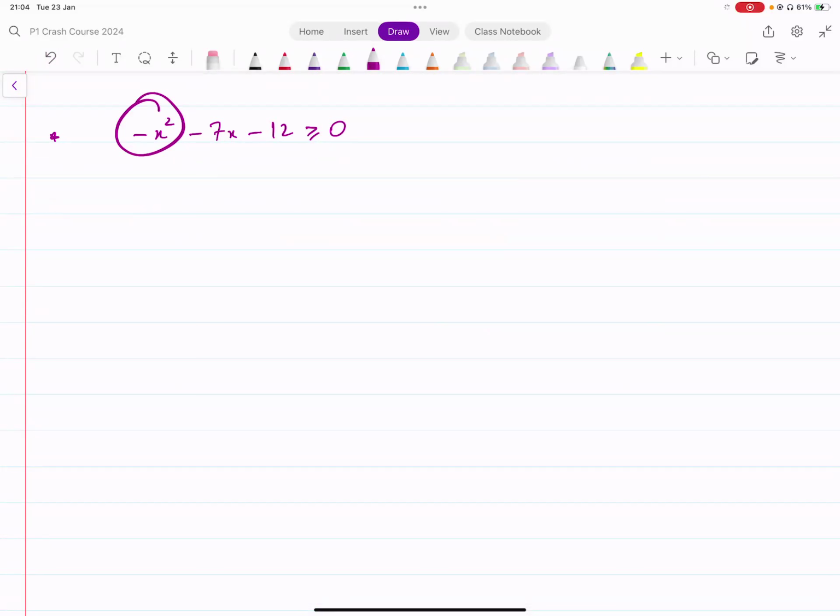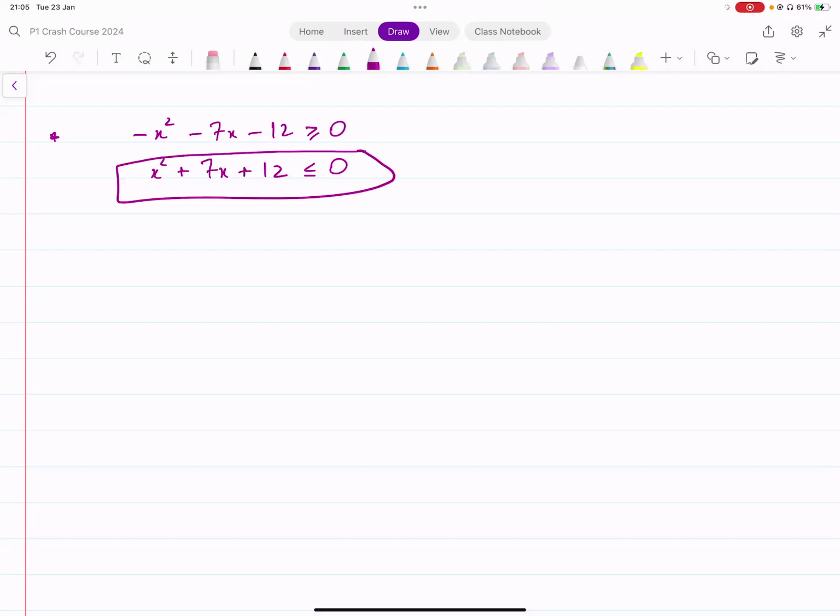Yes, when we do that, that will change the sign as well. That's correct. So if we make the coefficient of x squared positive here, we have to multiply the whole inequality by negative. That will make it x squared plus 7x plus 12, but we had greater than or equal to here. That's going to become less than or equal to 0 now. But these are equivalent equations. What we're doing now is looking at this inequality now rather than the first one.